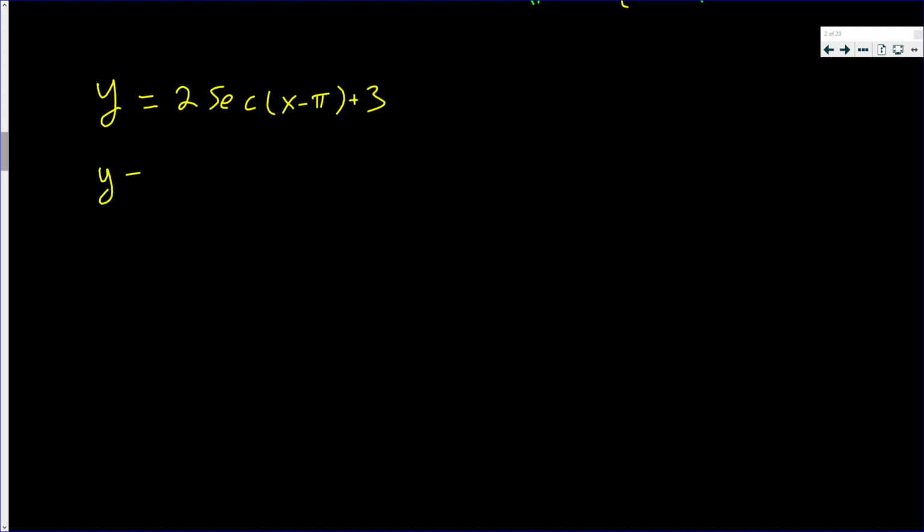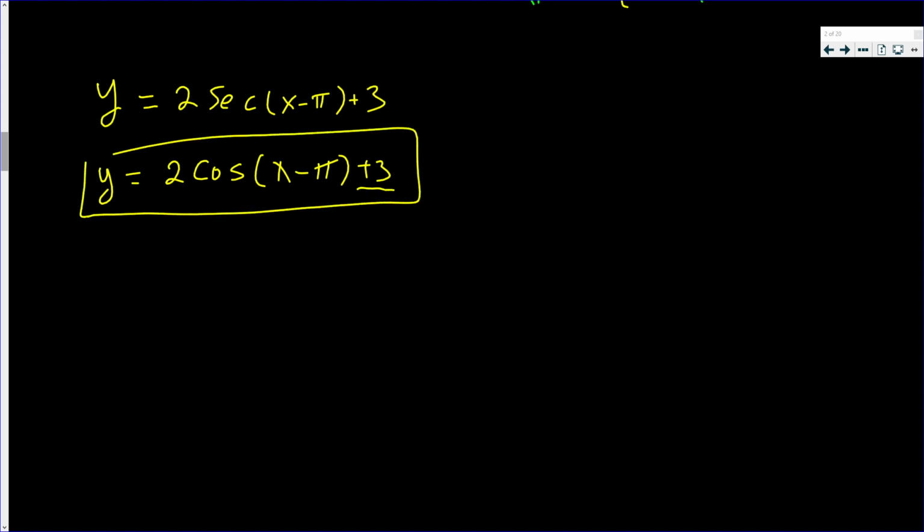But it's so much easier just to graph the reciprocal and then convert that reciprocal into, in this case, the secant graph.